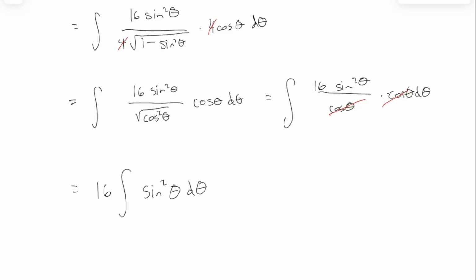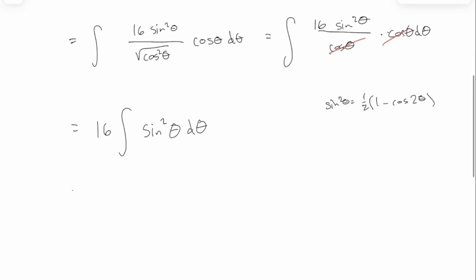Did you do the 1/2 thing? The 1/2 thing, he says. Yeah, I agree. Do the 1/2 thing. So this is the old sine squared theta is 1/2 times 1 minus cosine 2 theta. I think everybody got it? No. All right. So do that down there. So this is 16 times the integral of 1/2 times 1 minus cosine 2 theta d theta.